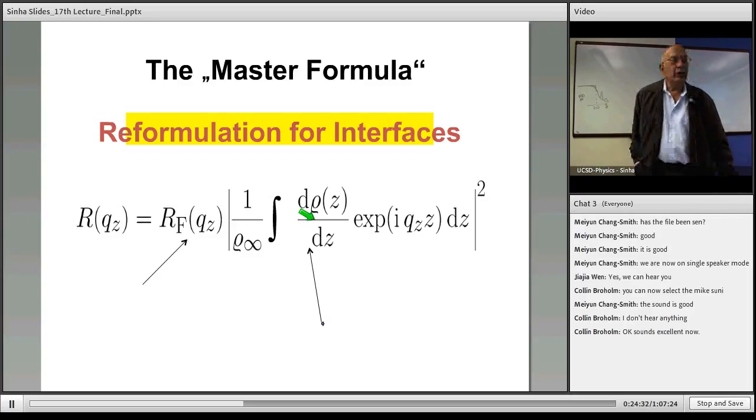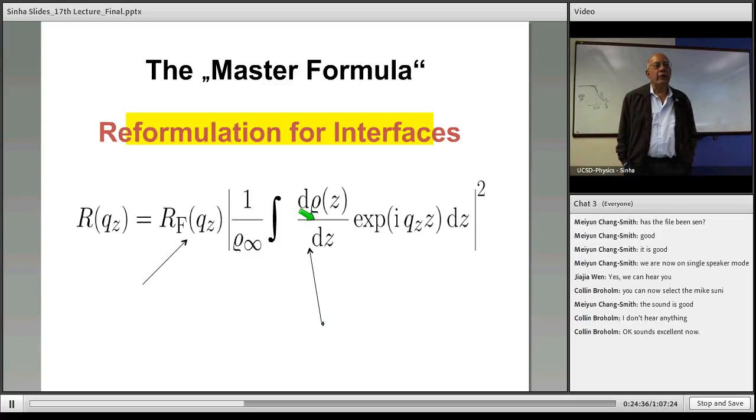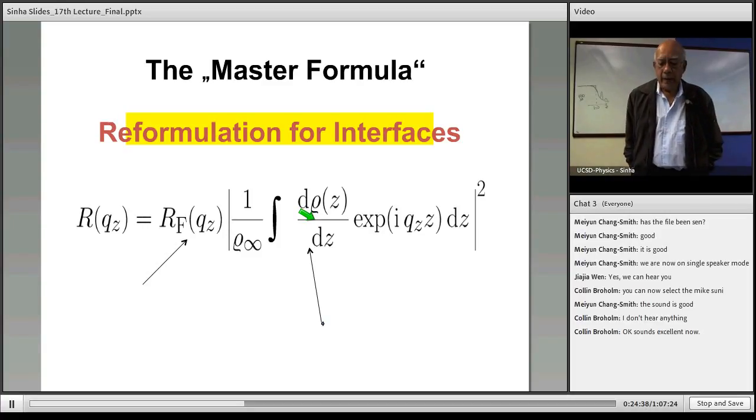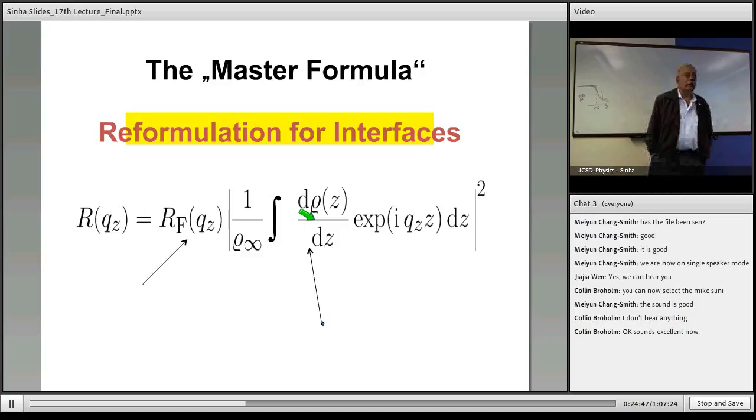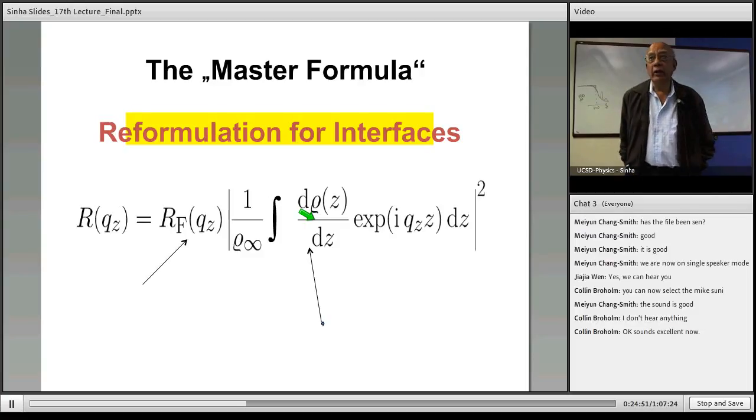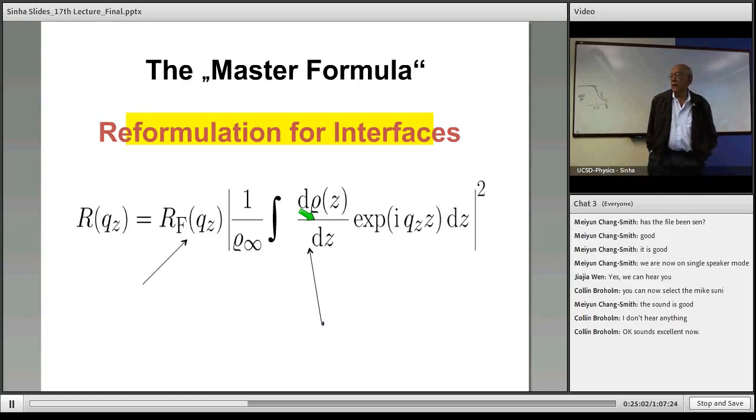Now, nowadays, there are many ways around this phase problem, and reflectivity is no exception. There are rather sophisticated schemes to go from measured reflectivities back to the density profile using phase retrieval methods, or attempted phase retrieval methods, and other methods, which I will talk about later.